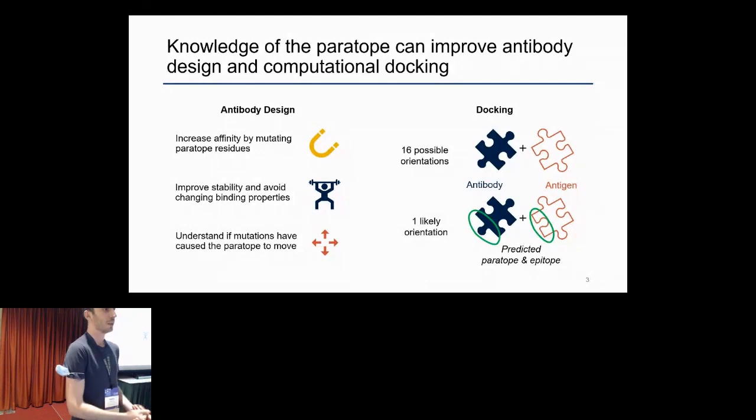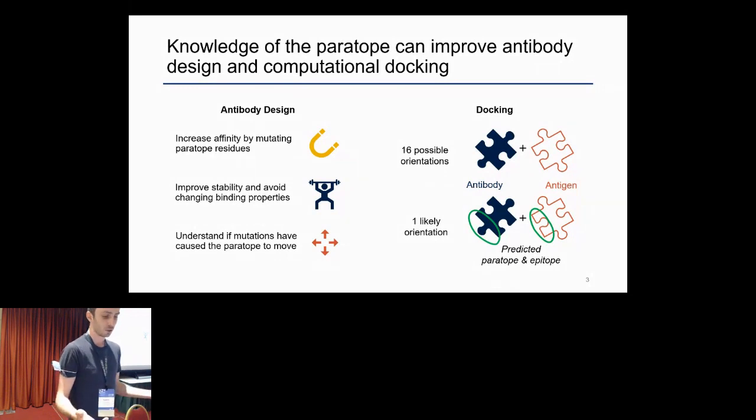The other reason would be computational docking, which is where you would take a structure of an antibody and a structure of an antigen in silico, and you try to fit them together in certain ways to minimize the energy and recapitulate the true binding conformation. The issue is that proteins aren't as simple as jigsaw pieces, and there are loads and loads of orientations that these things can be in.